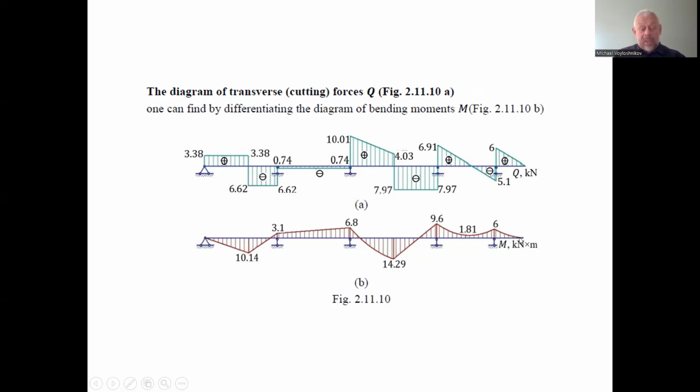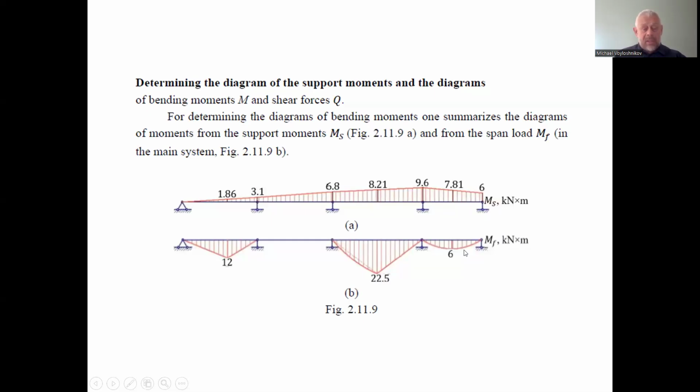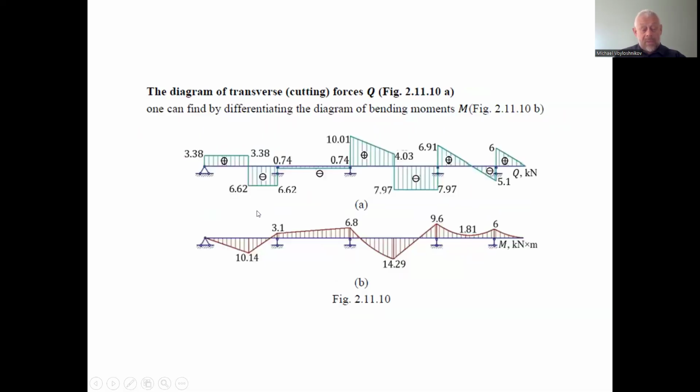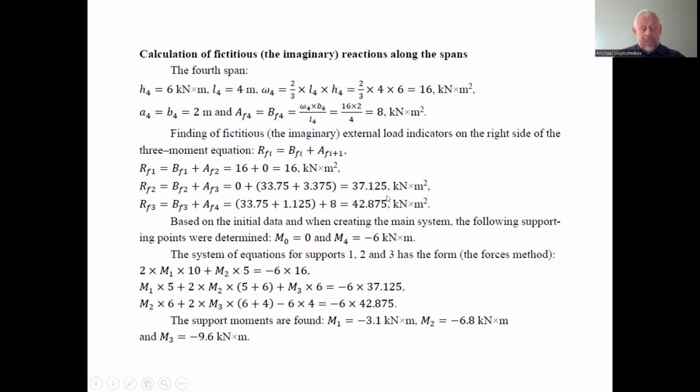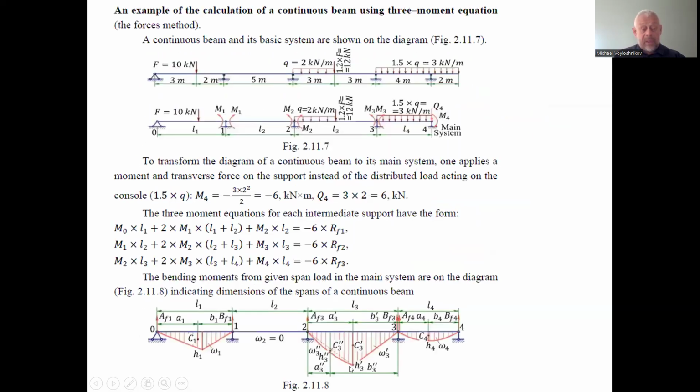This diagram of bending moments is the result of summarizing these two diagrams. So here we have 6.8, here we have 3.1, here we have 12 minus 1.86, which is 10.14. Here we have 14.29, and in the middle we have H 0.21.